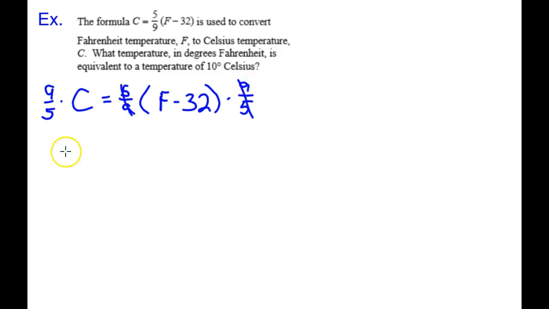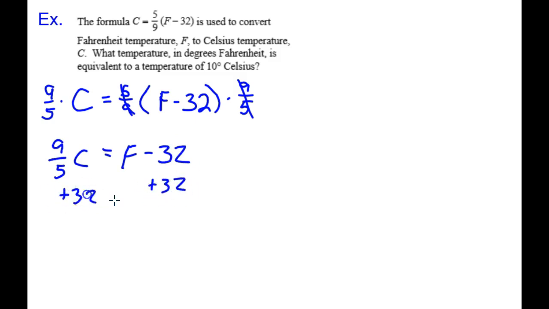Now we have 9/5 times our Celsius equal to F minus 32. The last step would be to add 32 to the other side. We're left with 9/5 times our Celsius temperature plus 32 is equal to our Fahrenheit temperature.